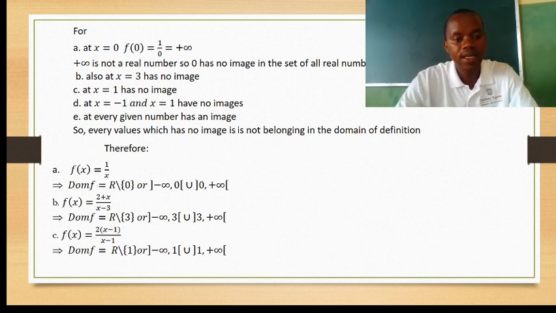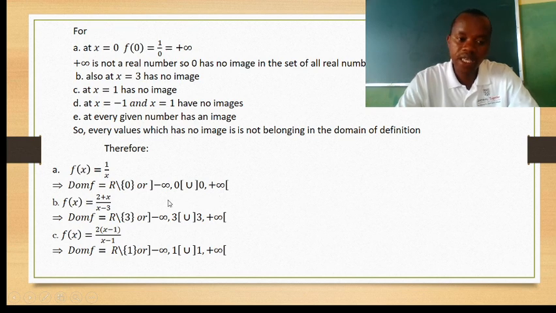In this case, we write it like this: R minus a set containing only one element, which is 0. In interval form, we can write from minus infinity up to 0 exclusive, union from 0 excluded up to positive infinity excluded.